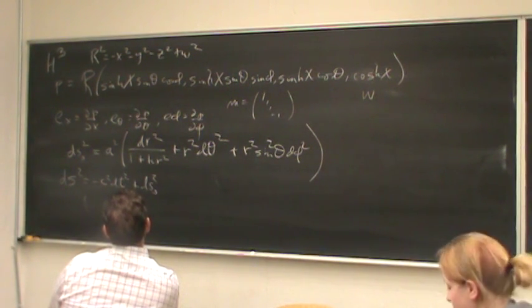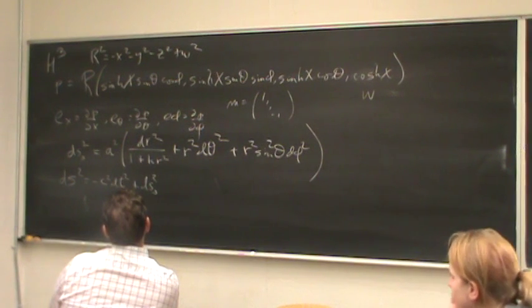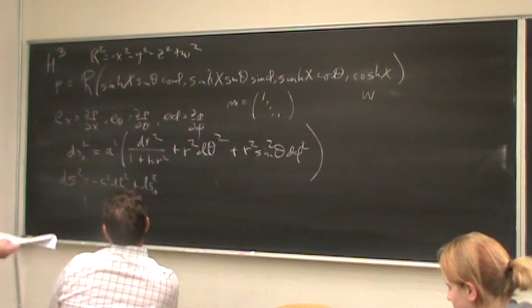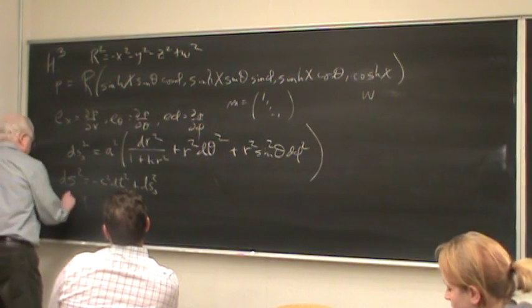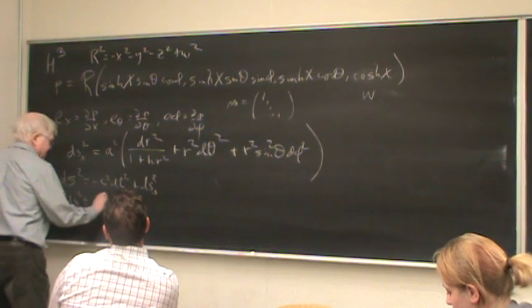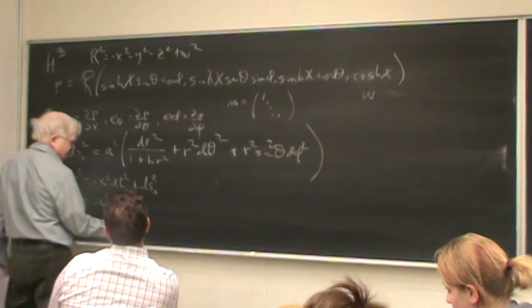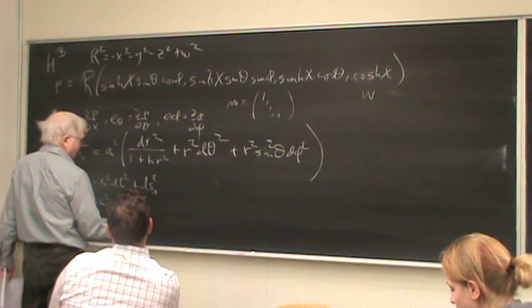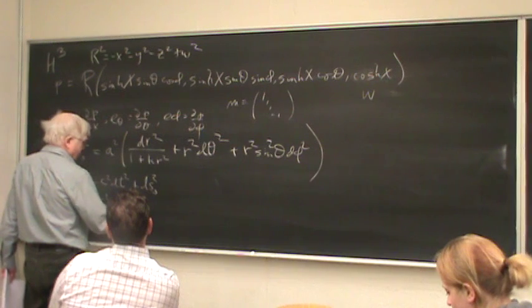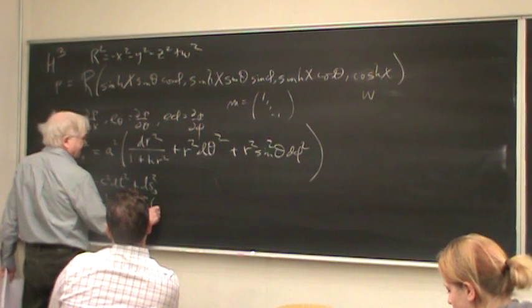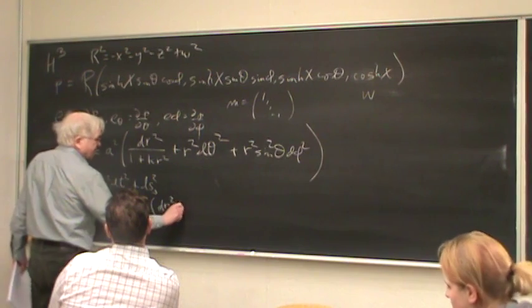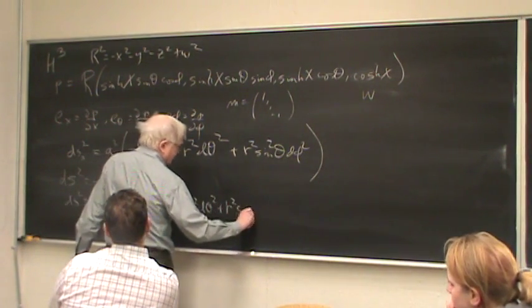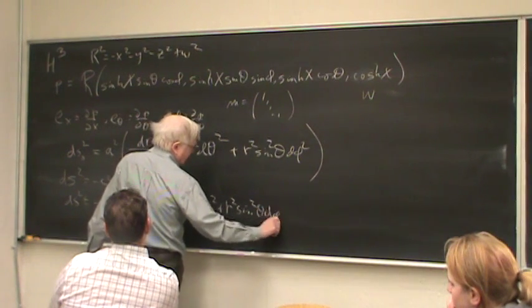Let me put it to you again. There are three maximally symmetric three-spaces. The other one, of course, is Euclidean space, and then ds squared is just minus c squared dt squared plus, effectively, a squared dr squared plus r squared d theta squared plus r squared sine squared theta d phi squared.